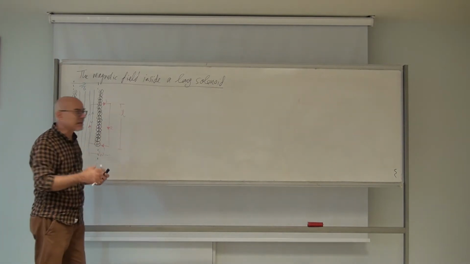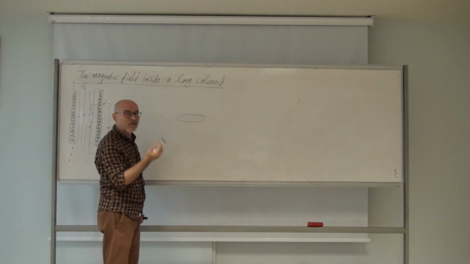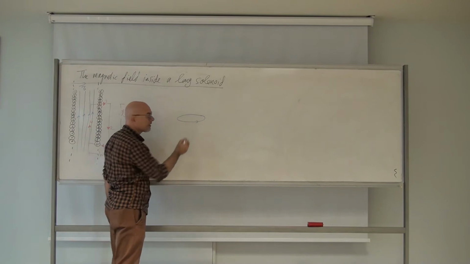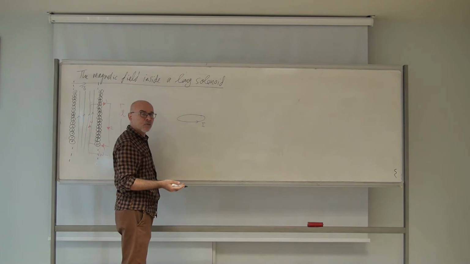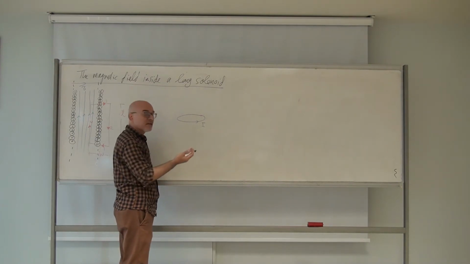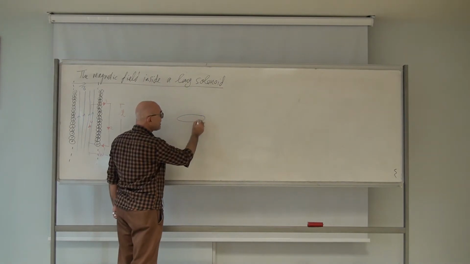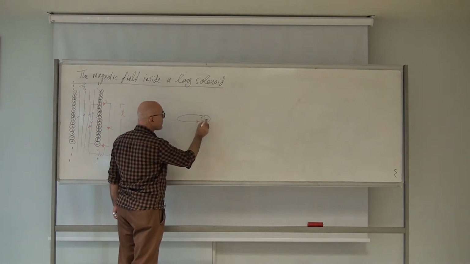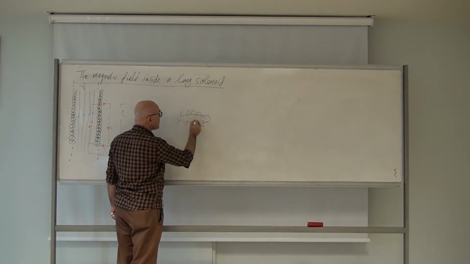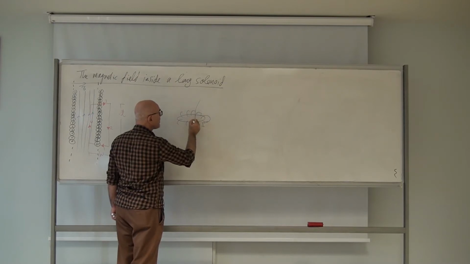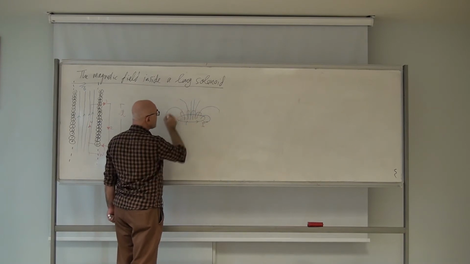Well, one way of seeing it is to remember the magnetic field of a single current-carrying ring that we worked out using the Biot-Savart law, and looking at how it looks. Here in the middle, near the middle, it is almost uniform.